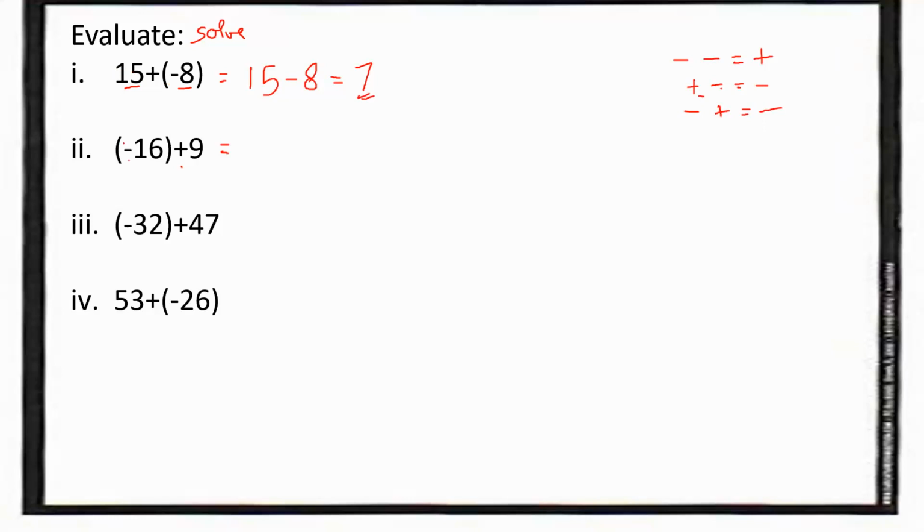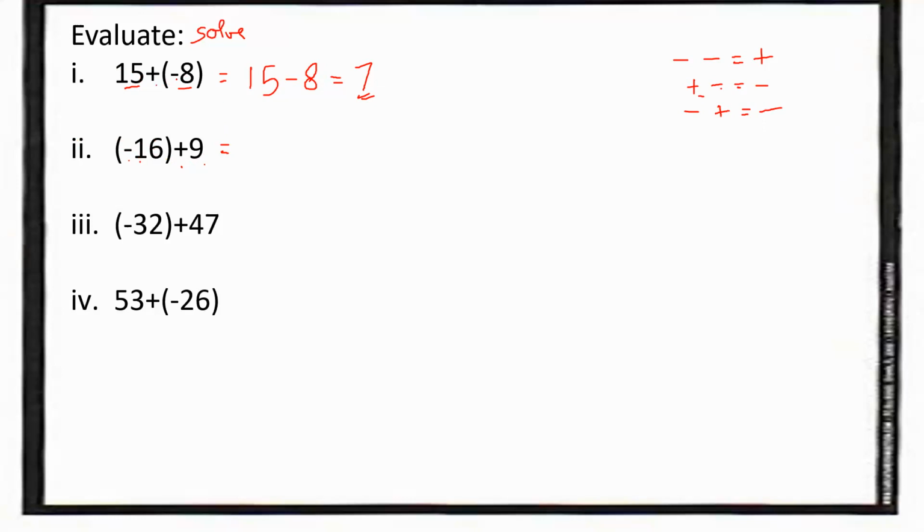But if you have the negative sign outside, the opposite of this number, when you have negative first and positive outer, you don't have to remove this minus. You cannot remove this minus. You have to write this minus as it is, but you need to change the plus sign.